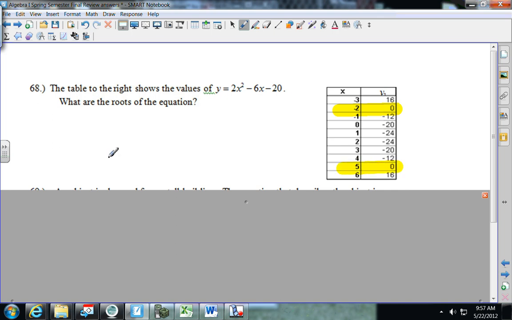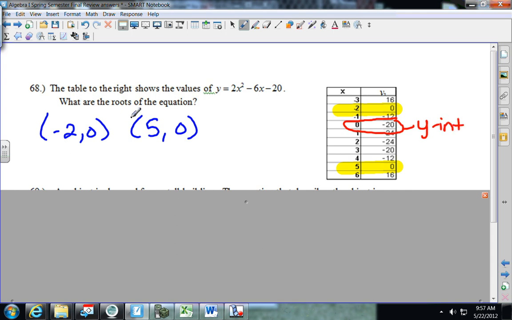Right there, your answer should be negative 2, 0, and 5, 0. This one right here is a mistake. People try and circle or say it's this one. That one is the y-intercept. When you're looking for roots, you're looking for the x-intercepts. And the x-intercepts have an x number and the y number is 0.